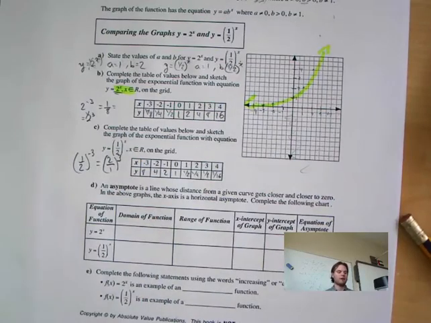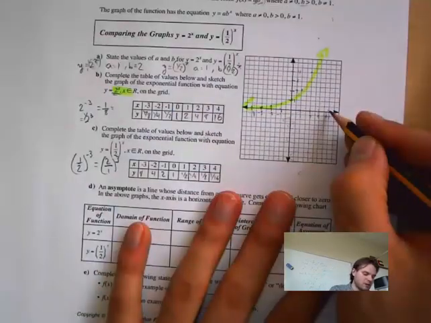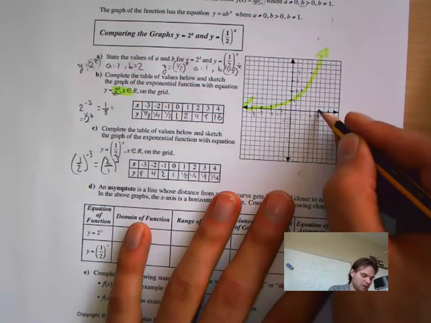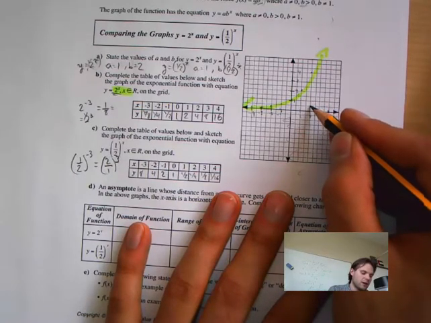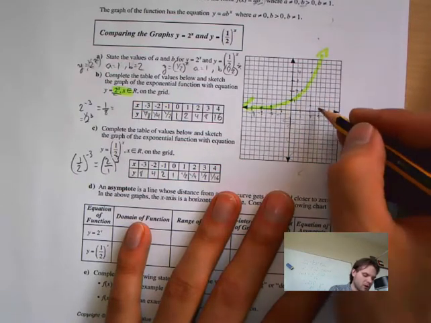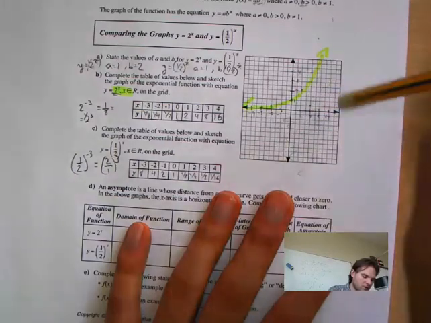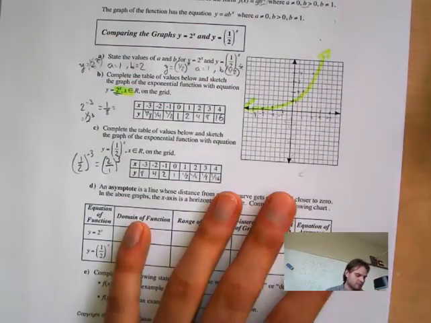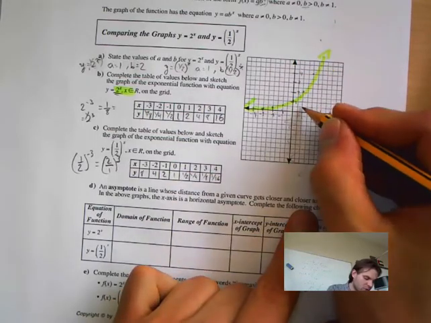So I'm going to start graphing out here quickly. Plug this in. 1 over 16, that's super small. 1 over 8 is right there. Next we're going to have 1 over 2. I made a mistake here, sorry. This one's 1 over 2.